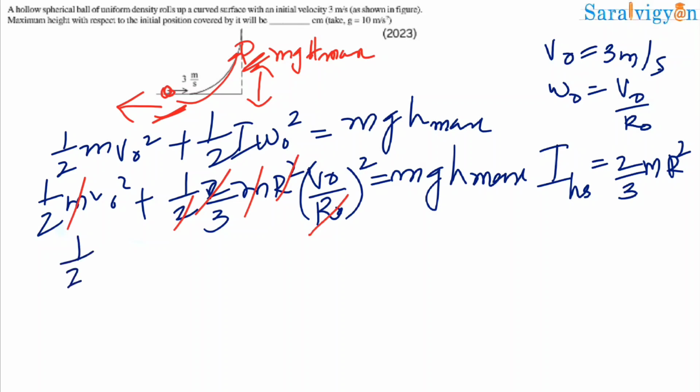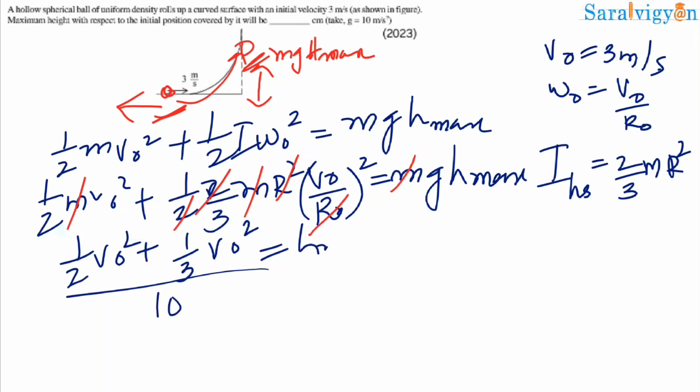Then we are left with half v0 square plus 1 by 3 v0 square is equal to g h max, since the mass is cancelled from both sides. Since we want h max only, we can take g to the other side, and we can take g as 10, and we'll have h max.